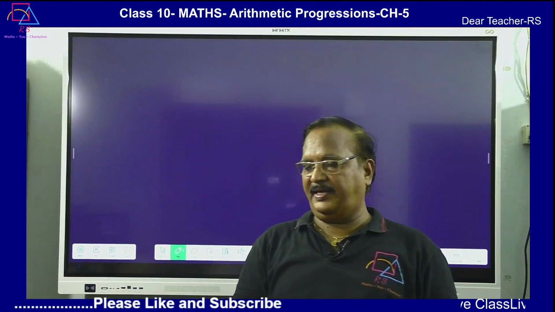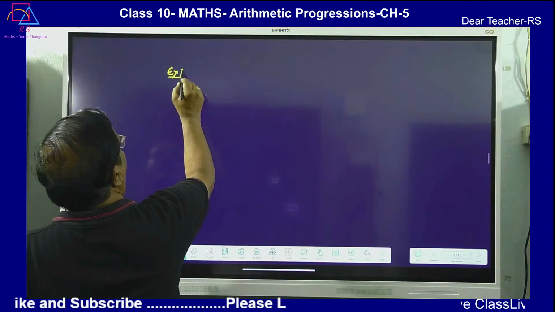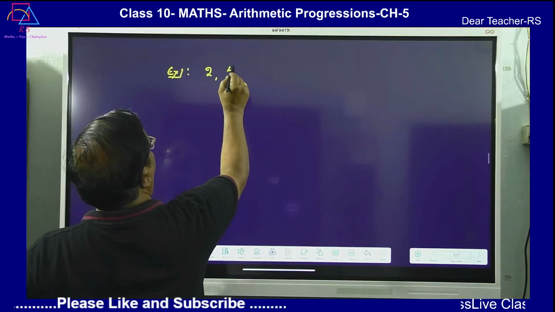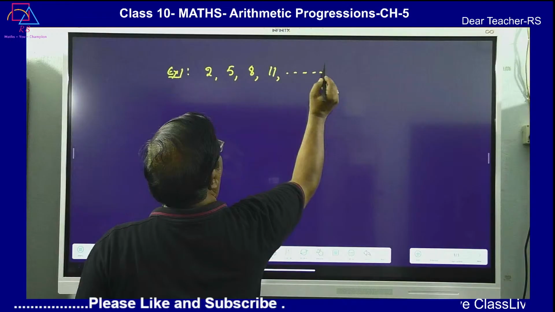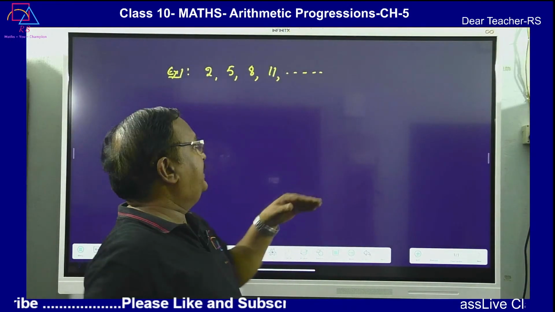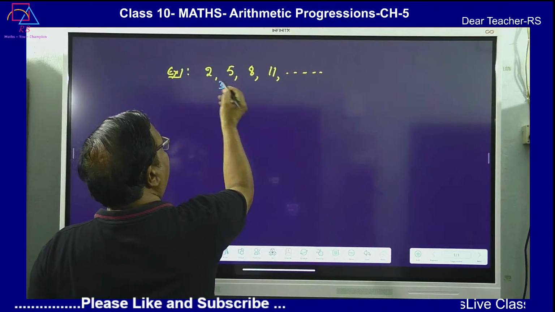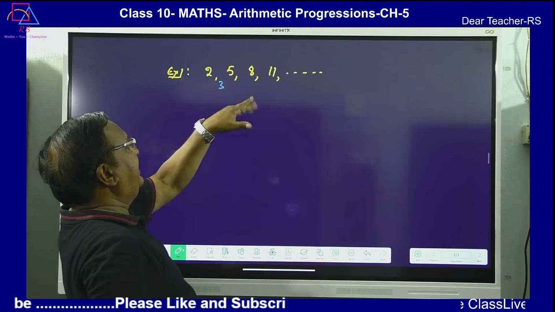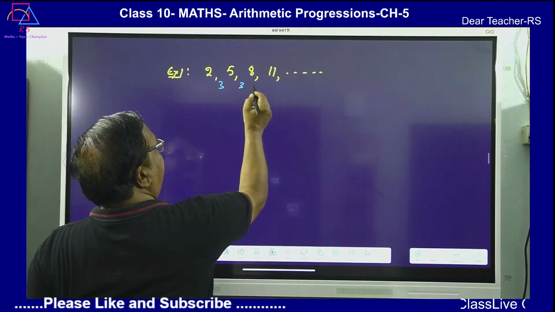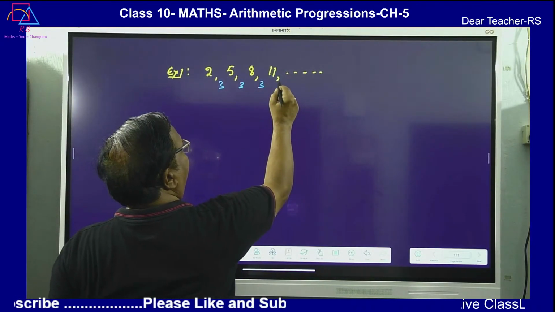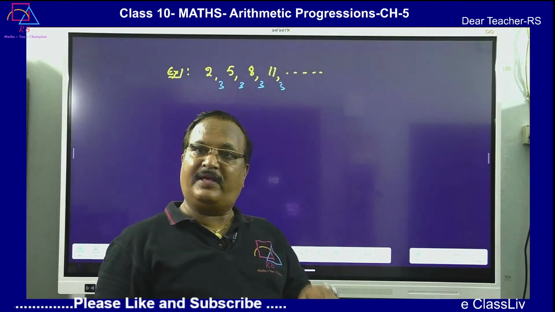For example, 2, 5, 8, 11 and so on. We get the next number by adding 3 to the first number. So, 5 plus 3 is 8, 8 plus 3 is 11, 11 plus 3 is 14 and so on. A fixed number is being added.